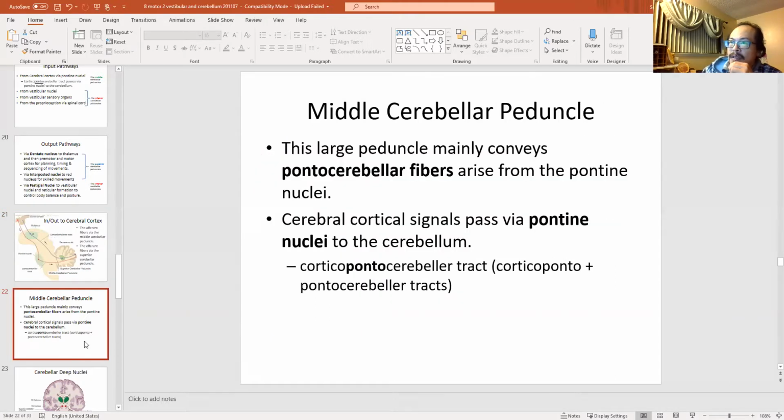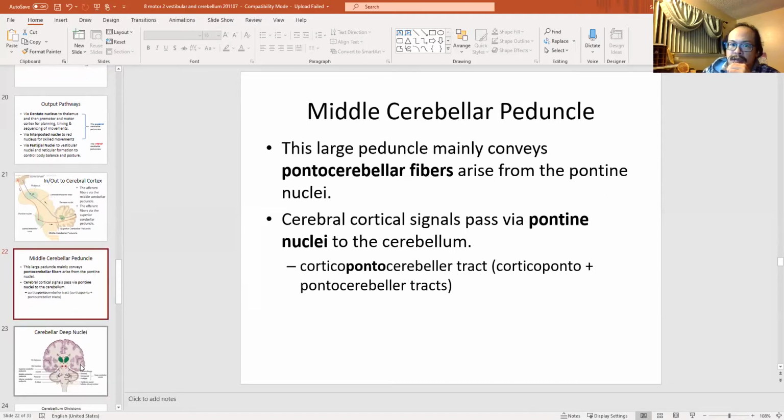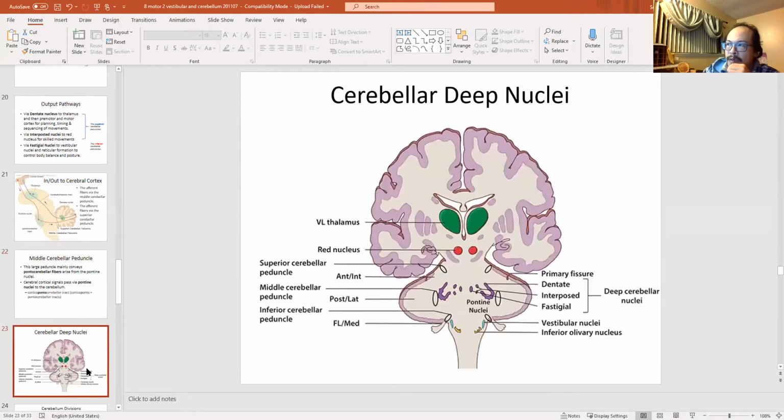So that's that. The next thing we need to know is that this cerebellum has designated output nuclei. These output nuclei are called the deep nuclei. So this is the brain including the cerebellum, and here are the 3 deep nuclei.